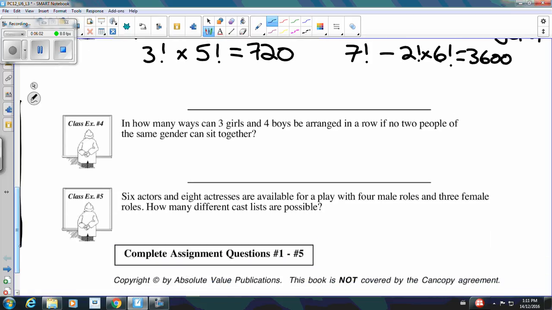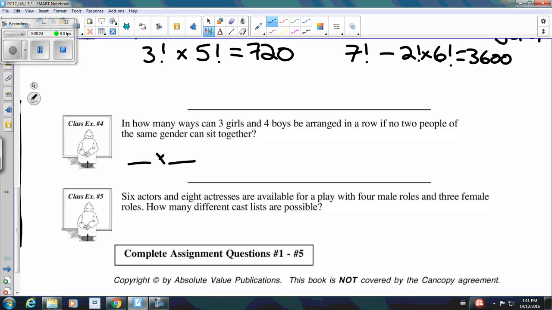In how many ways can 3 girls and 4 boys be arranged in a row if no 2 people of the same gender can sit beside each other? So here I am grouping 7 people in total, but no 2 people of the same gender can sit next to each other.